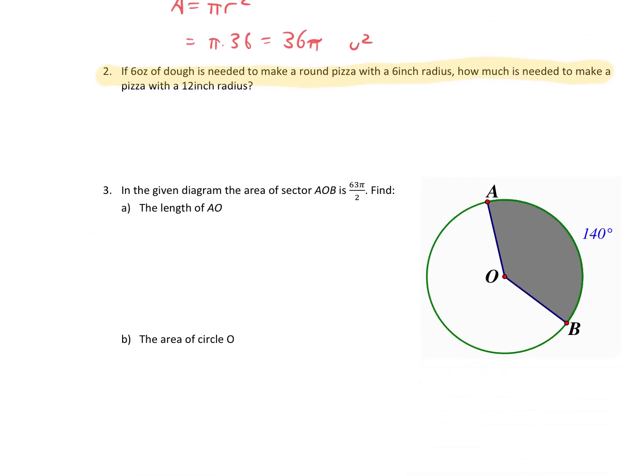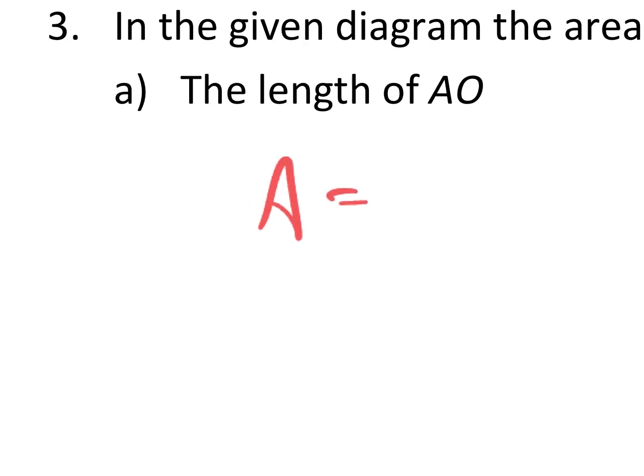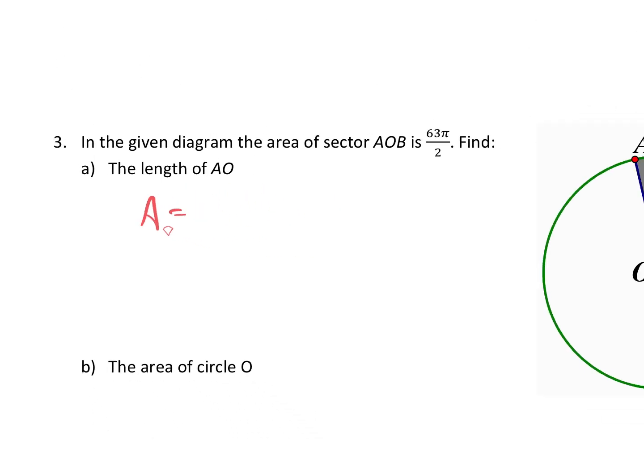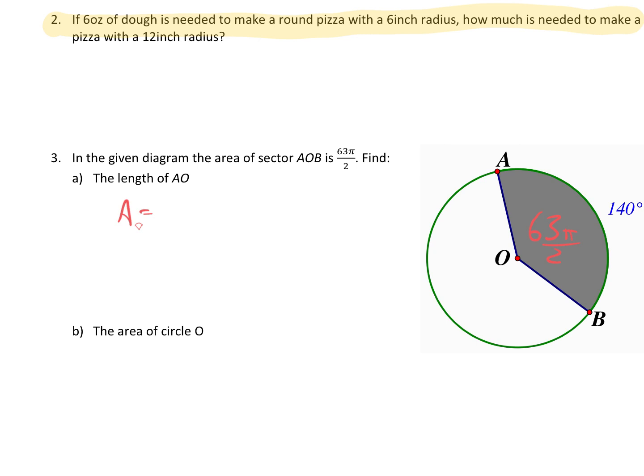Let's do 3 together though now, or watch me do 3 now. In the given diagram, the area of the sector is 63 pi over 2. So this thing is 63 pi over 2. The formula at play here is that the area of the sector, and I like to put a little subscript for what it is I'm talking about, is x over 360 times pi r squared.